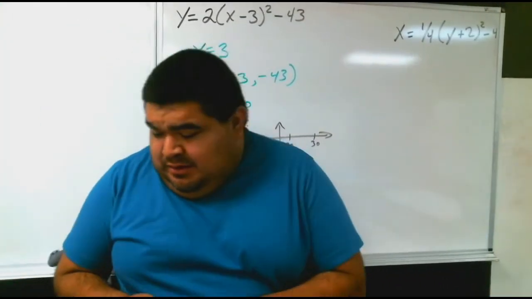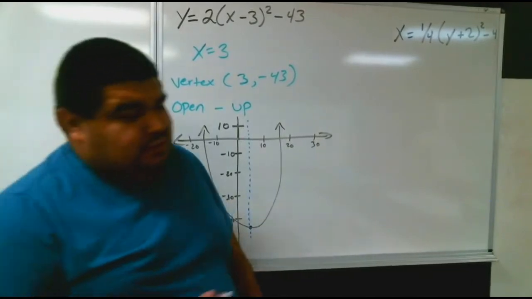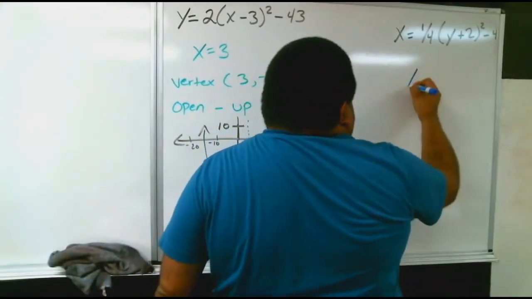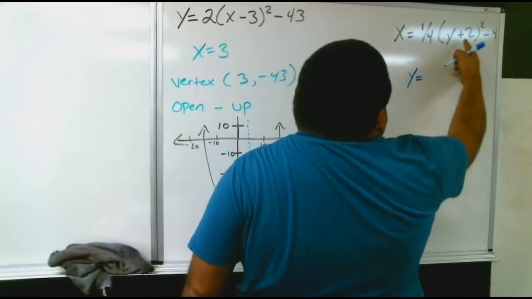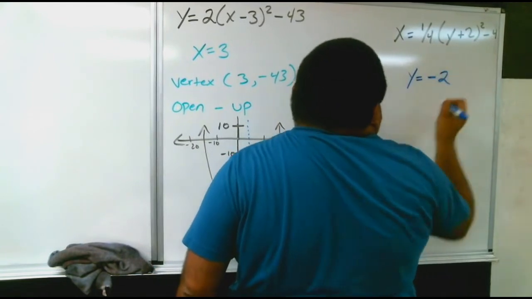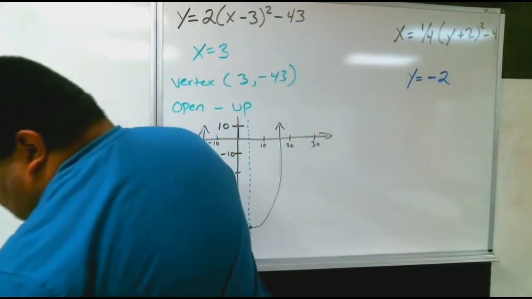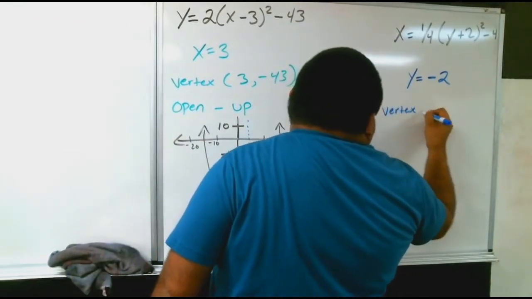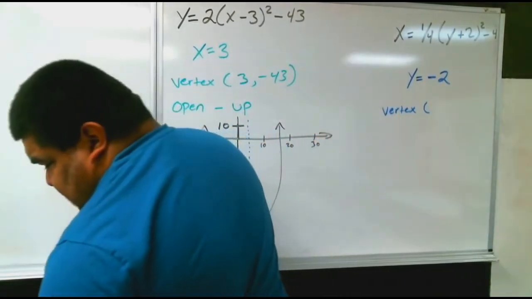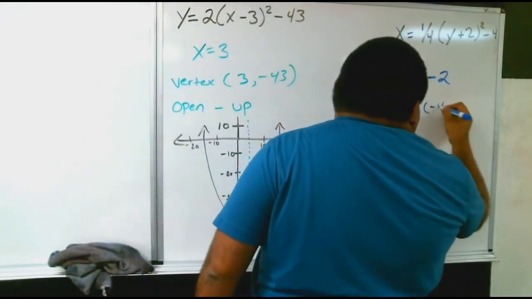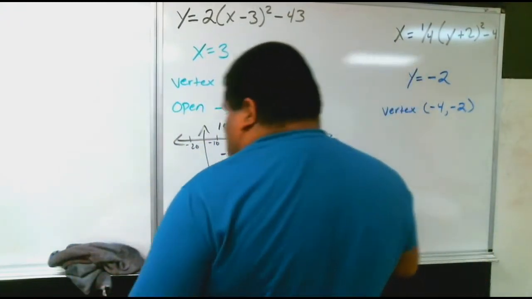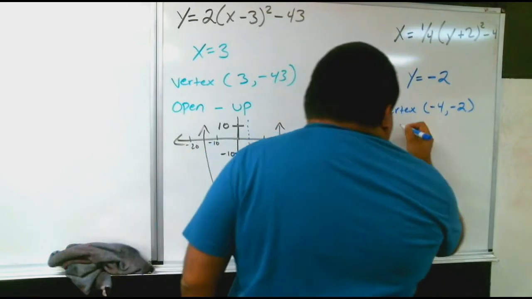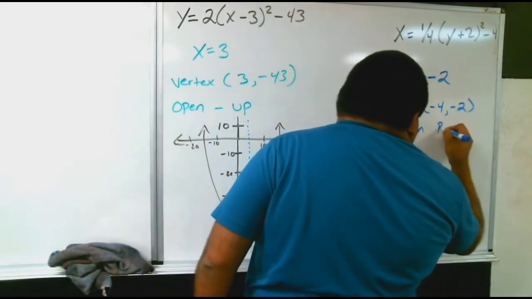Our axis of symmetry was y equals negative 2. Our vertex was at negative 4, negative 2, and finally, it was going to open to the right.